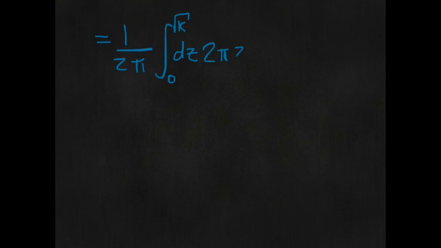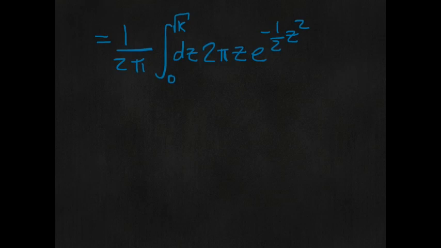This is a 2D integral over a circular region, and so it makes sense to go into polar coordinates. And if we do so, we get this being equal to 1 over 2 pi, integrating from a radius of 0 to root k, dz. This time the Jacobian is much simpler, 2 pi z e to the minus 1/2 z squared.